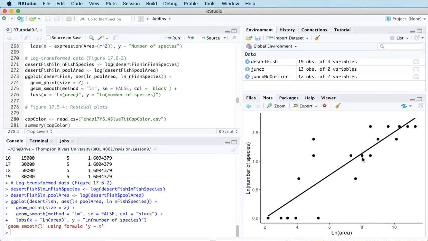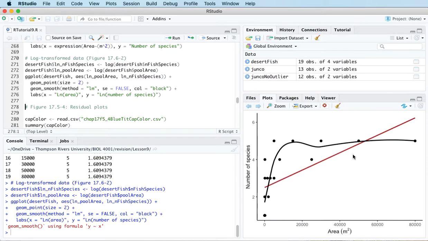And so if I was to fit a simple linear regression model to these transformed variables, I would have quite a successful model, because that black line does capture the trend reasonably well. I mean, it's not flawless by any means, but it certainly does a better job than the red line does when we're looking at the untransformed data.